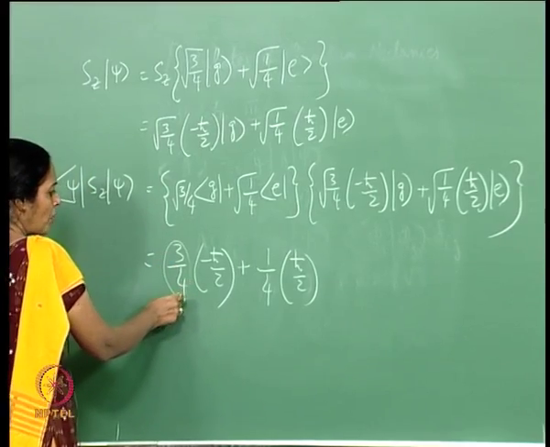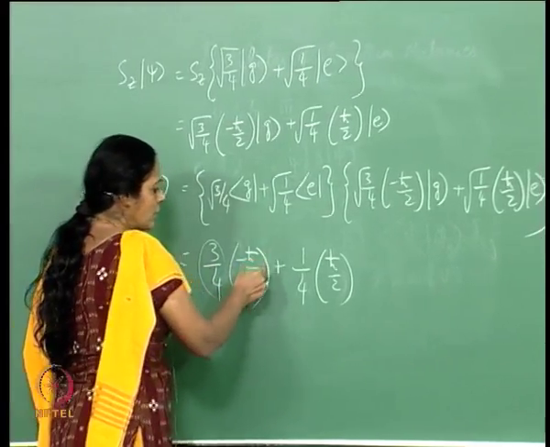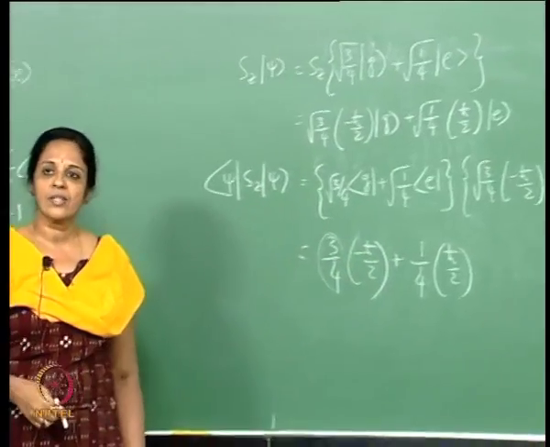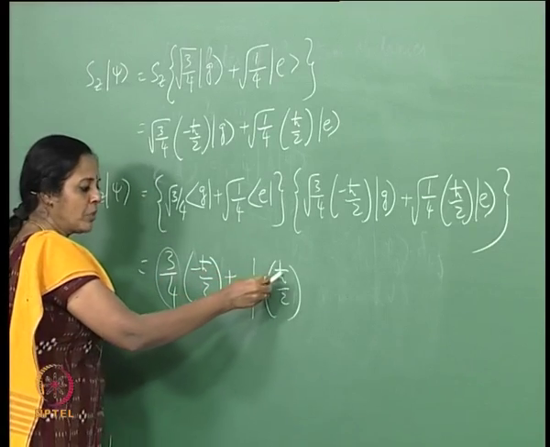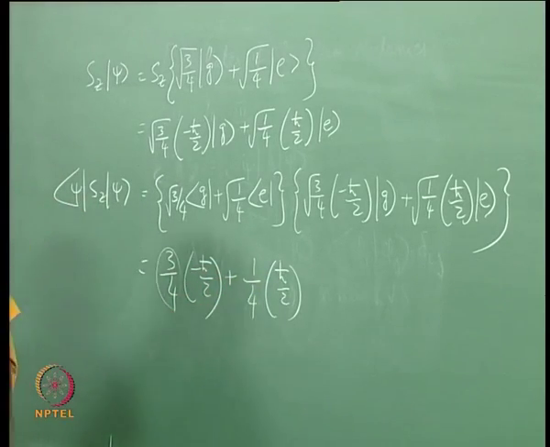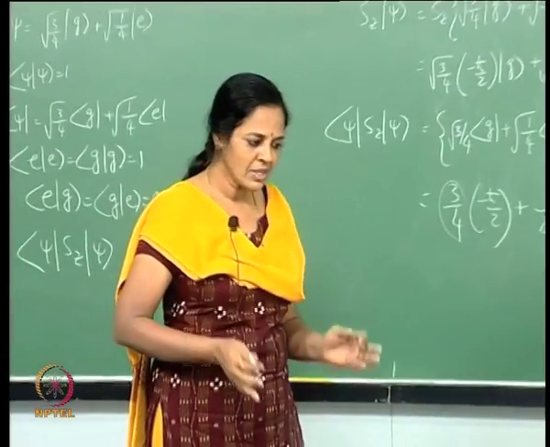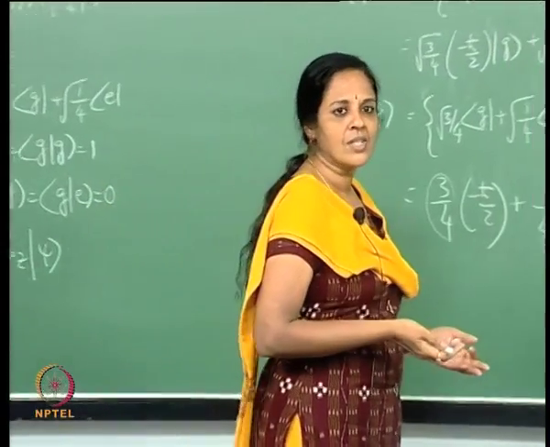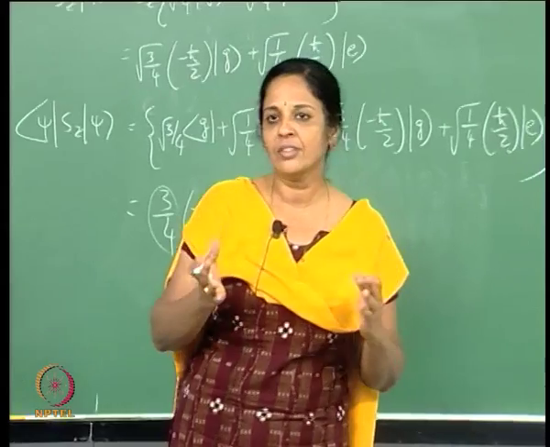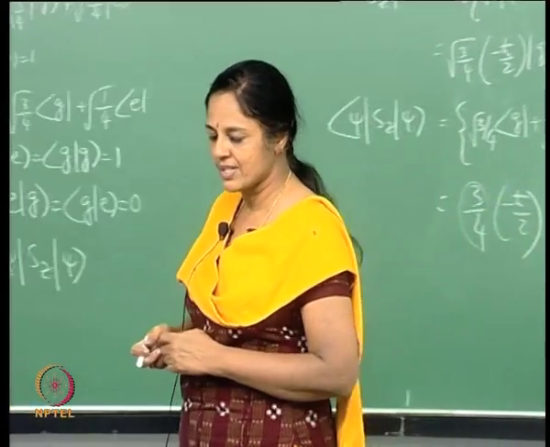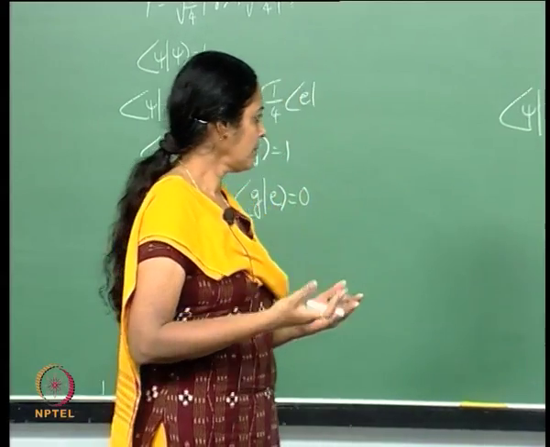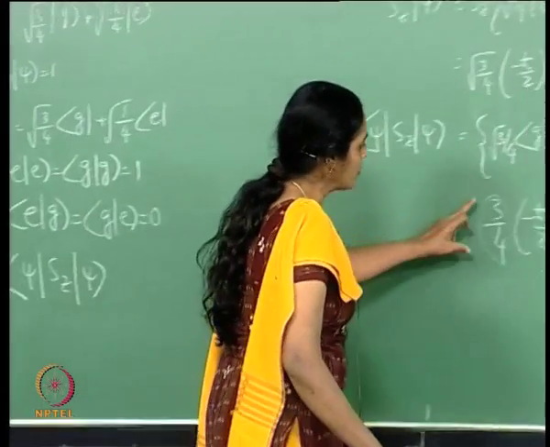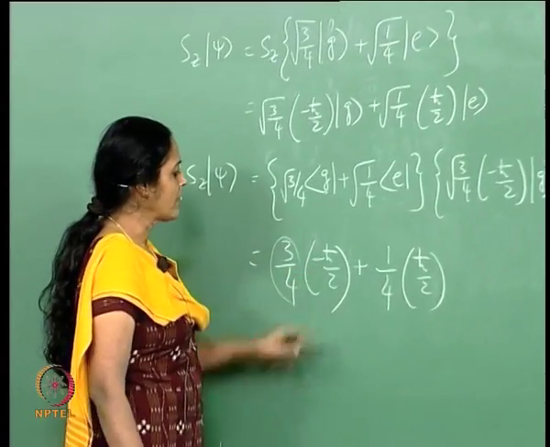This is the probability with which the measurement outcome is minus h cross by 2, and this is the probability with which the measurement outcome is plus h cross by 2. In other words, I have several trials conducted because I need to look at the average value, the expectation value of Sz in the prepared state ket psi, and it looks like 75% of the time my answer would be minus h cross by 2.